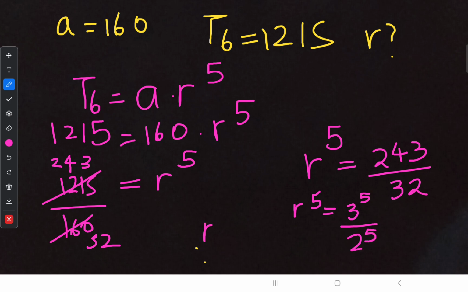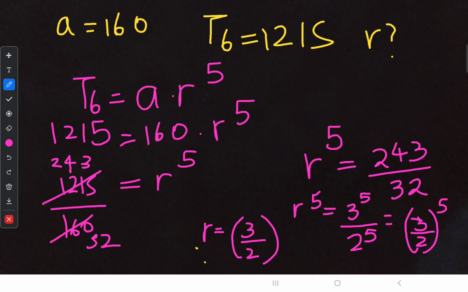So r equals 3 upon 2. We can write it as 3 upon 2, whole to the power of 5. When we cancel off these powers, r equals 3 upon 2. This is the common ratio for this question.